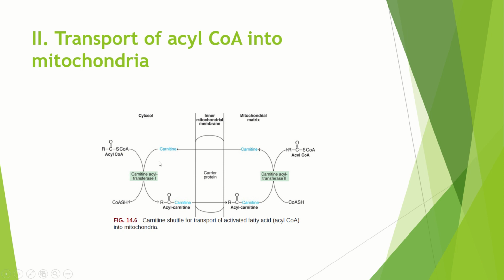Carnitine is a chemical, that is beta hydroxy gamma trimethyl amino butyrate.